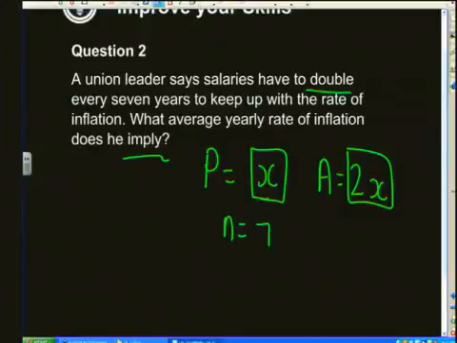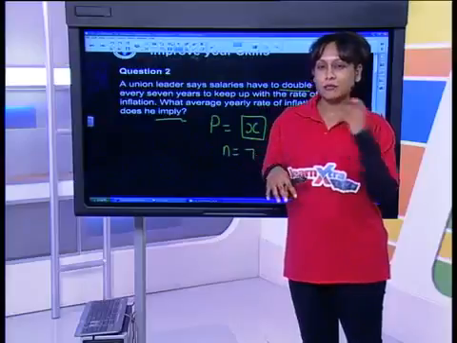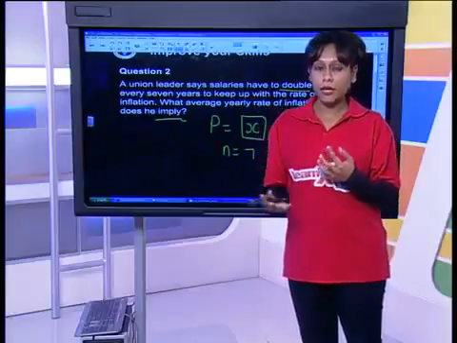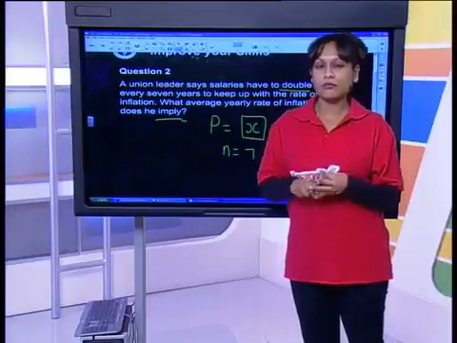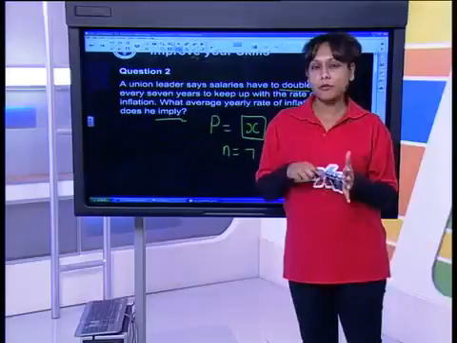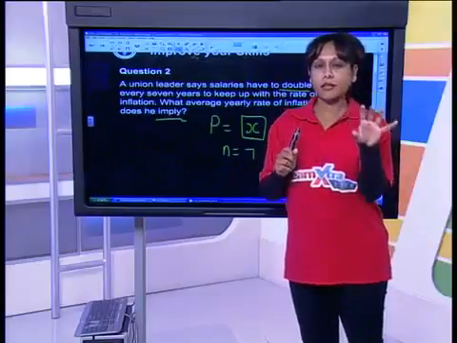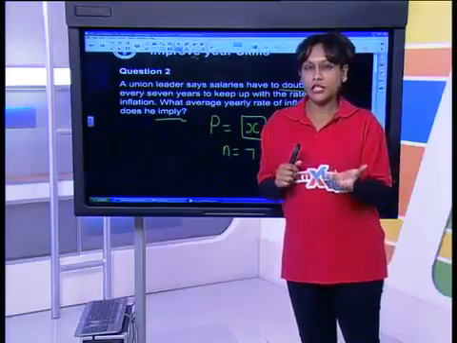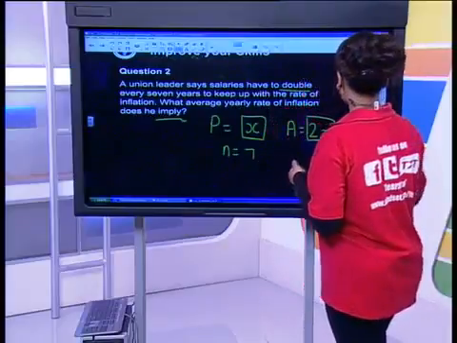Now, guys, think about this. How are you going to do this? Hopefully you've been paying attention in class and now during the show. We're talking about inflation. We know what N is, we know what A is, we know what P is, and we need to work out the value for I. But now, do you use simple interest or do you use compound interest? What do we use to work out inflation? For those of you who were listening right at the beginning when we did the summary, you would remember that I stated right at the outset that whenever you're looking at inflation, you use the compound interest formula.